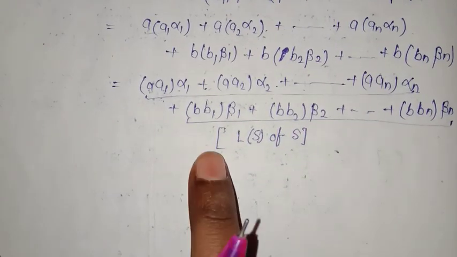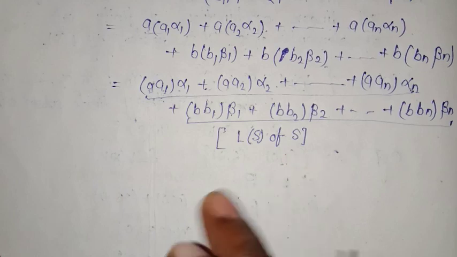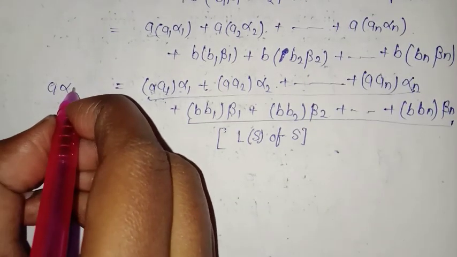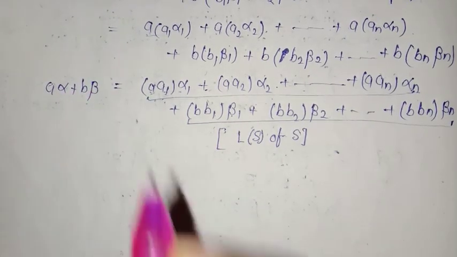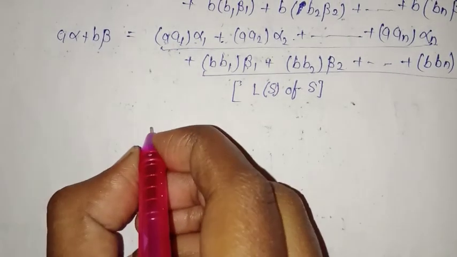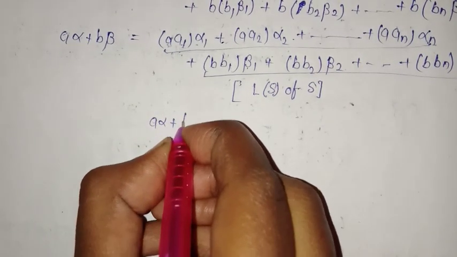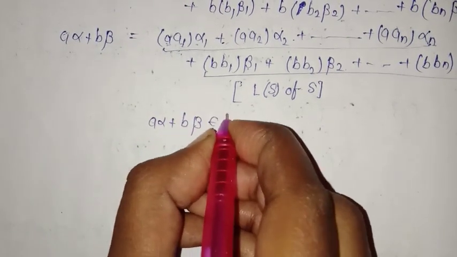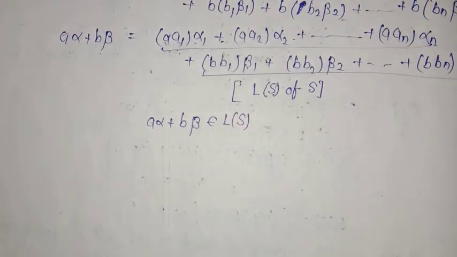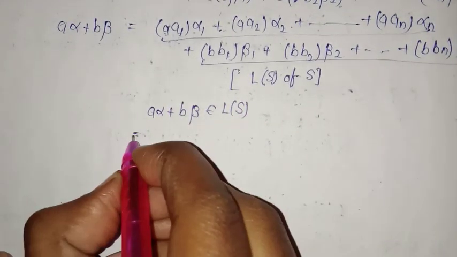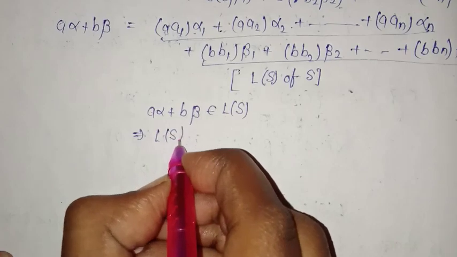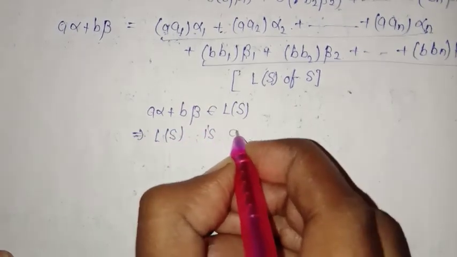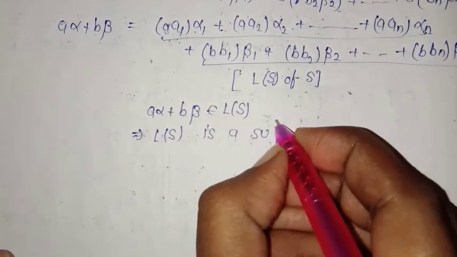So this is nothing but an element of the linear span of S. This is equal to A alpha plus B beta. This implies A alpha plus B beta must belong to the linear span of S. This implies the linear span of S is a subspace of V over F.